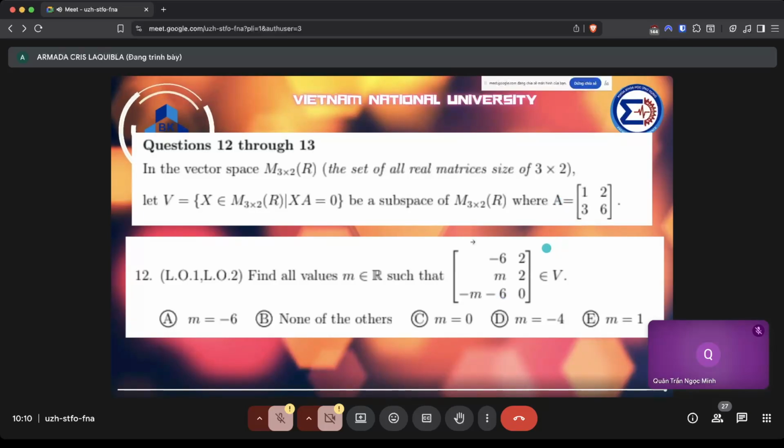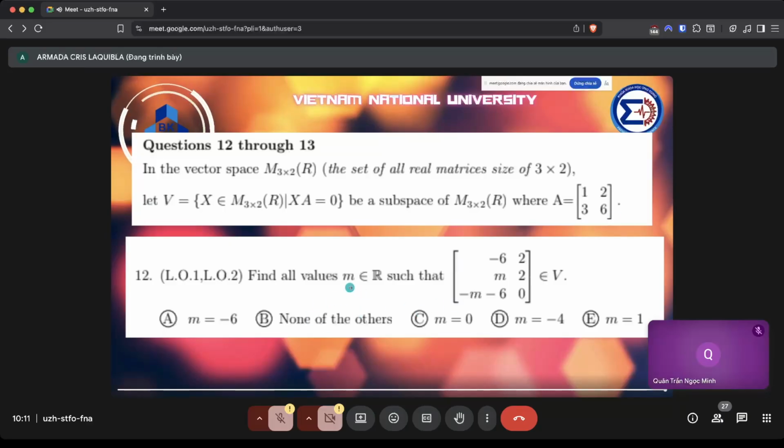Okay? Now, it says that you have there let V be the vector set with element x. So those x only, class, are the elements of your V. And x times A should be 0. And this is your A. Okay?